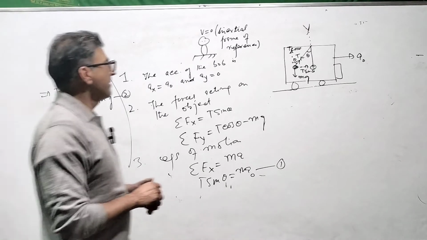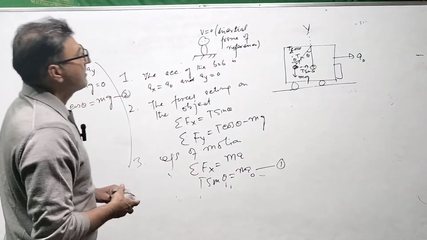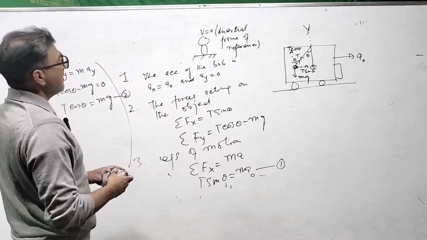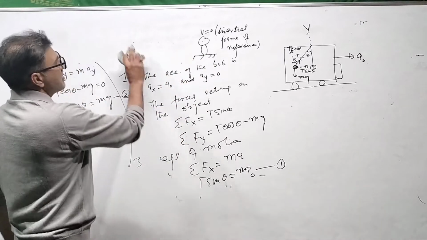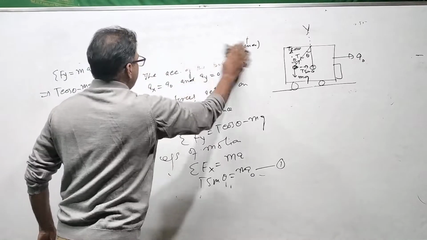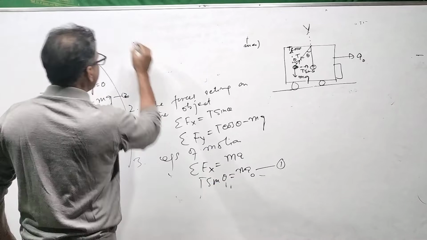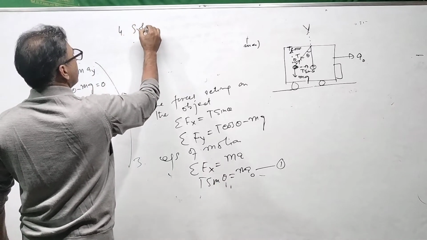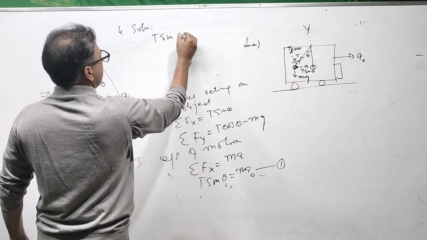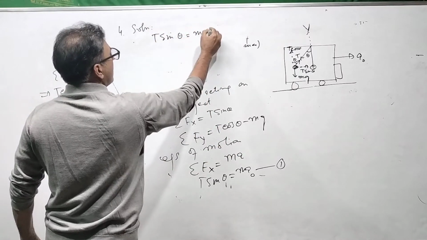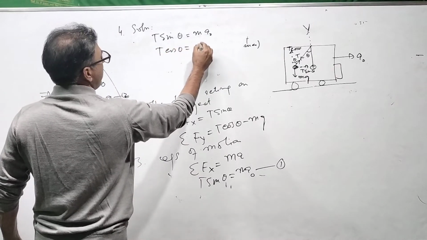So what is the solution? For finding theta, the angle which the bob makes with the vertical line, to cause its own motion in the forward direction, how can that be done? So I divide. T sin theta is equal to m a0 and T cos theta is equal to mg.